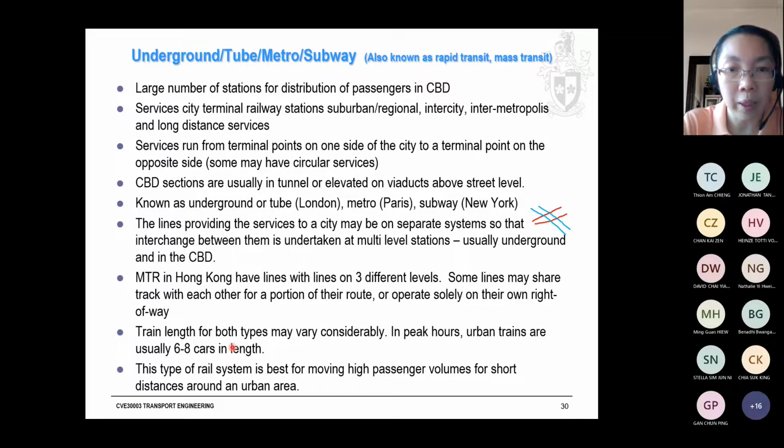Train length for both types may vary. In peak hours, urban trains are usually about 6 to 8 cars in length. This is a characteristic. And it's very good for moving high passenger volumes for short distances around urban areas.